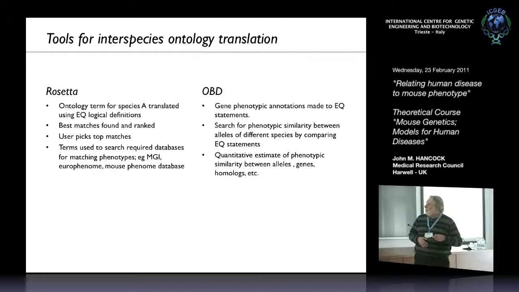There's a database called OBD, which is run by the Gene Ontology people, and a piece of software called Rosetta, which, again, is a bit of manual, a bit of automatic, and if the right people aren't doing things in the right way, those links may not be right, and therefore the whole thing will fall down. So every step in this process is quite critical in terms of eventually linking between, say, mouse and human.